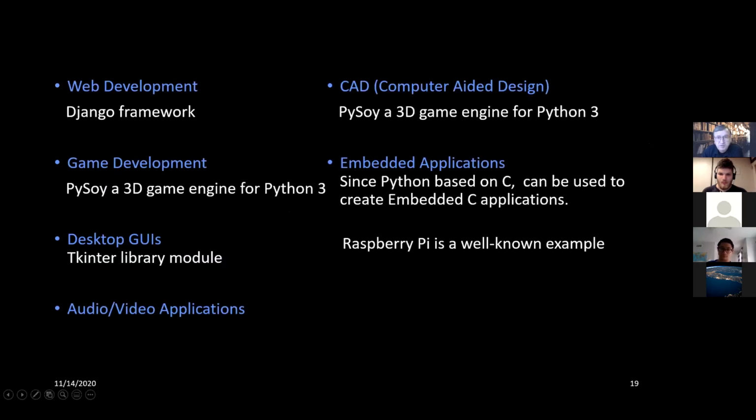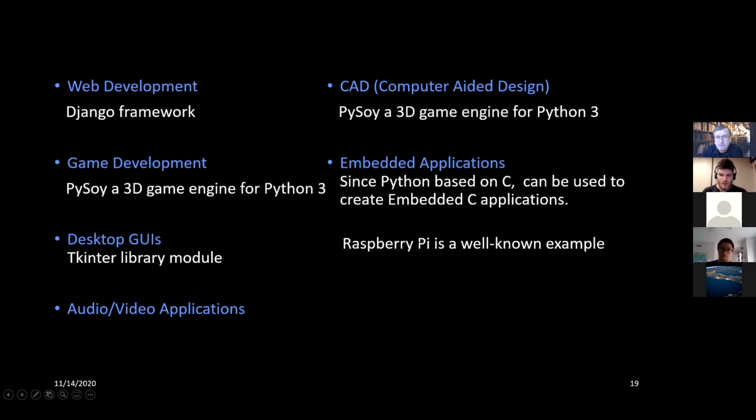It's used in almost all applications, but here's just some other mention. Django is a Python framework for doing web development. PySoy is for 3D gaming with Python. Tkinter is the GUI library that I mentioned. Looks like I copy and pasted and forgot to update this, but there are modules in Python supporting computer-aided design.